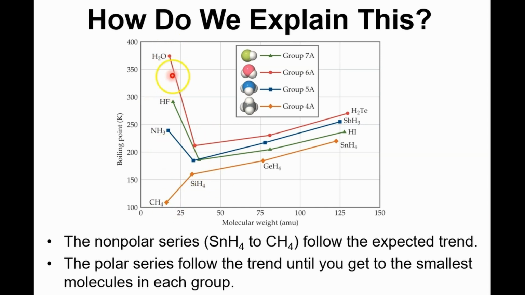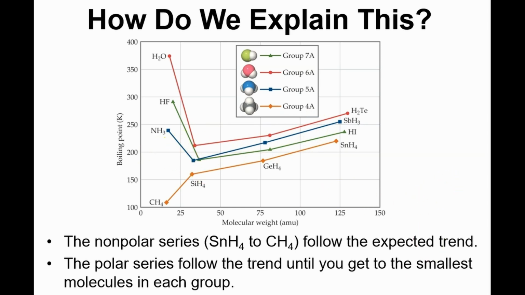These here are kind of off the map. Water is particularly off the map because it weighs 18 grams per mole roughly, and CH4 weighs 16 grams per mole roughly. If it wasn't for hydrogen bonding, water would be down here, following the general trend.